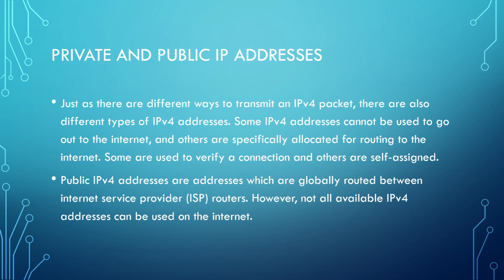Some are used to verify a connection, and others are self-assigned. Public IPv4 addresses are addresses which are globally routed between internet service provider, or ISP, routers. However, not all IPv4 addresses can be used on the internet.